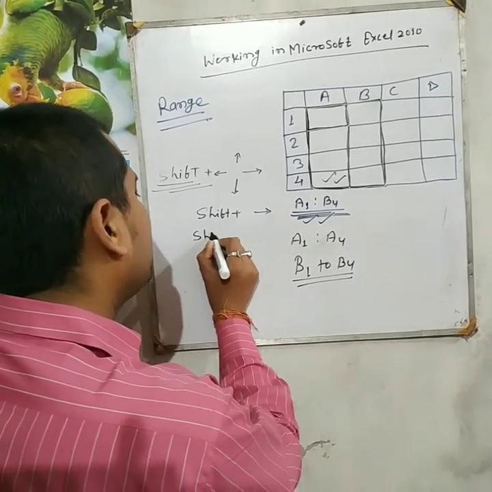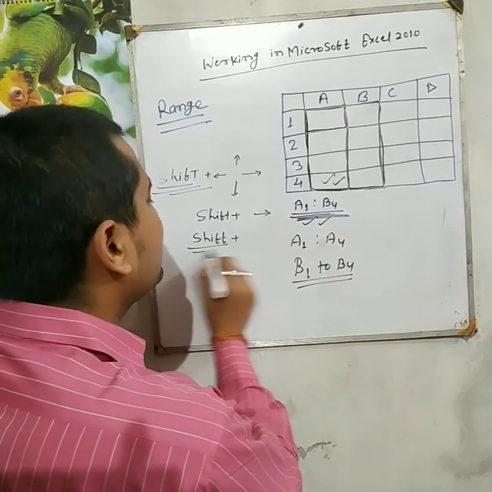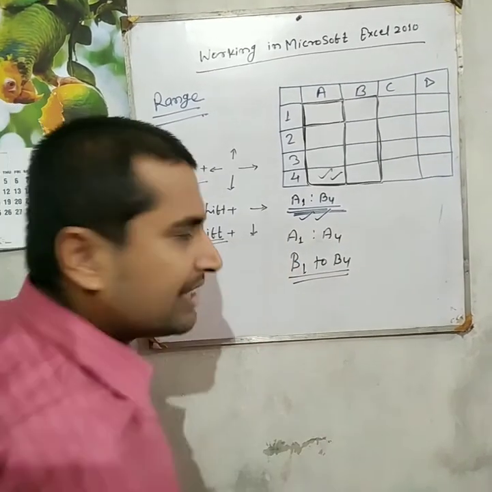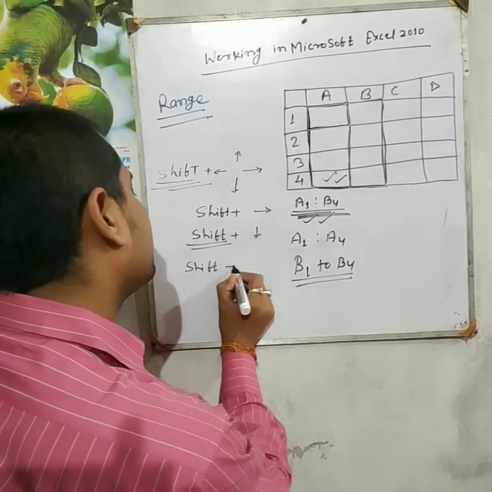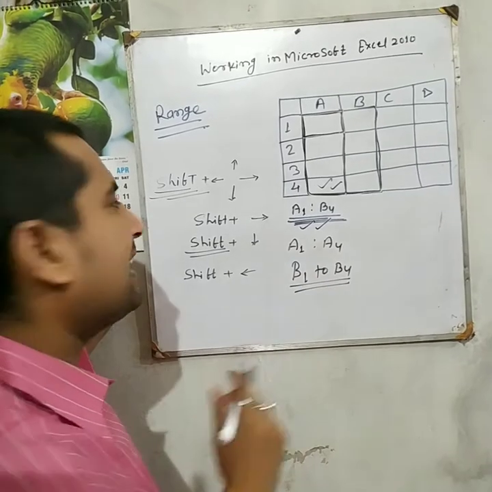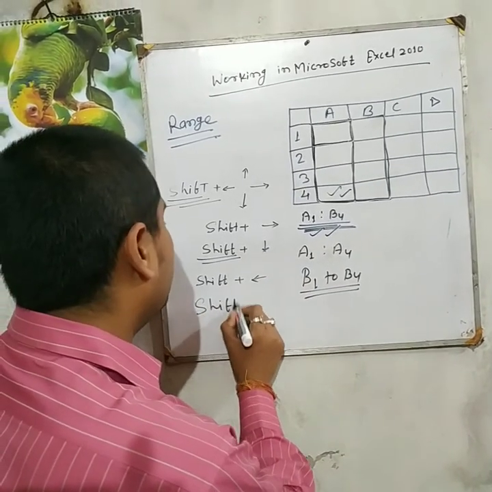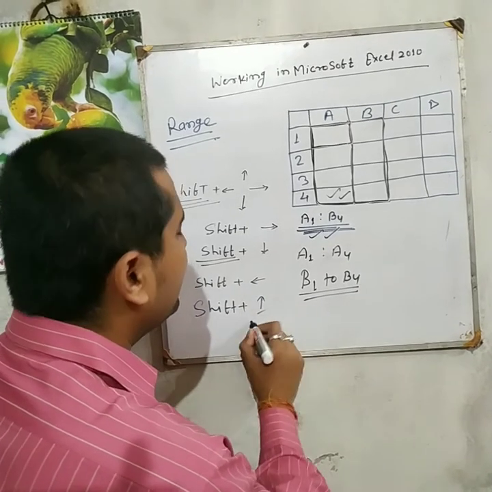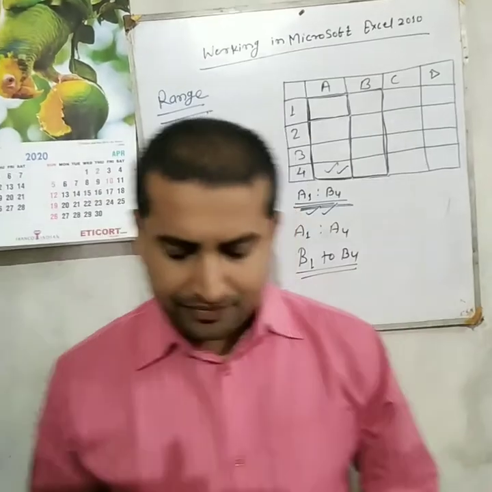If you want to select downward, press Shift plus down arrow key. Shift plus left arrow key is used to select the left-hand side. Shift plus up arrow key is used to select the cells above.